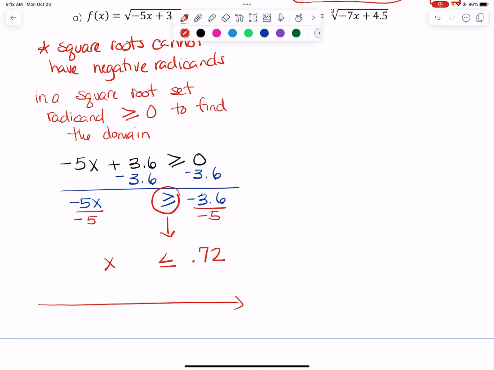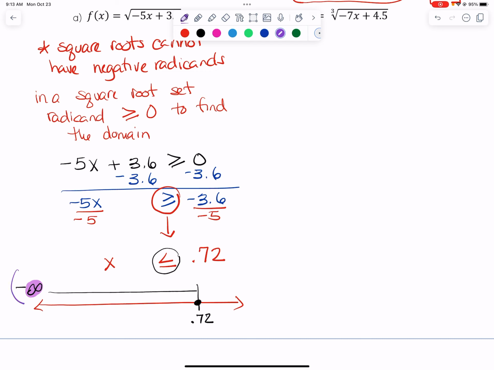Okay, so let's think of a number line here. Okay, so that's my x number line. Because this arrow is pointing to the left, I am coming from negative infinity, and I'm going all the way up and including 0.72 on the number line. So when I write my interval notation, reading left to right, I would start at negative infinity, which obviously has a parenthesis around it.